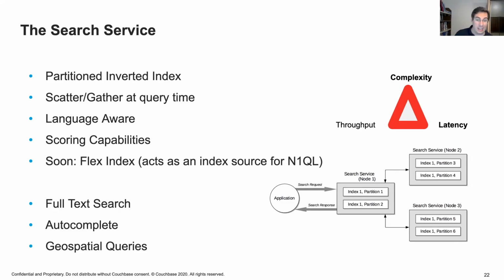So you can write a Nickel query and underneath utilize the search service to retrieve some of the data, which gives very interesting capabilities in terms of combining the expressiveness of a Nickel statement with the very specific type of inverted index when it comes to searching text data. It also supports autocomplete, geospatial queries, etc. So it is very feature rich.